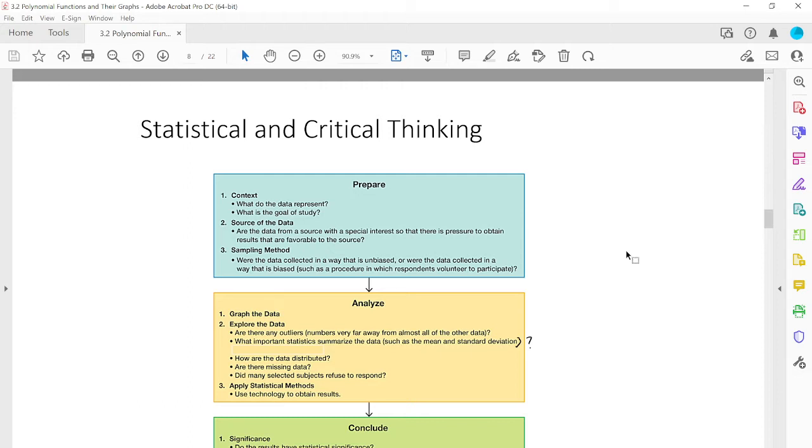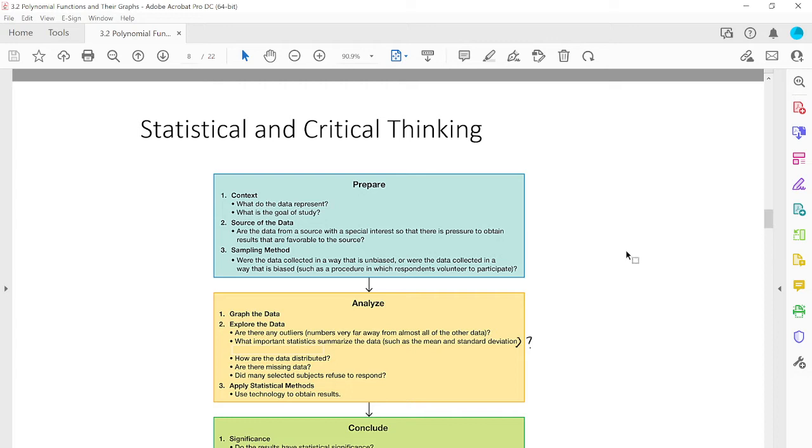Let's say, for example, a medicine company claims that their medicine is 100% effective, based on the experiment they have done in their lab. They are claiming something based on their own work, so that could be suspicious.